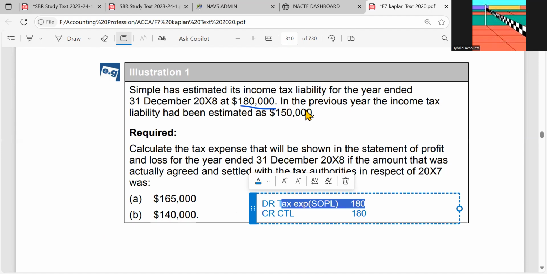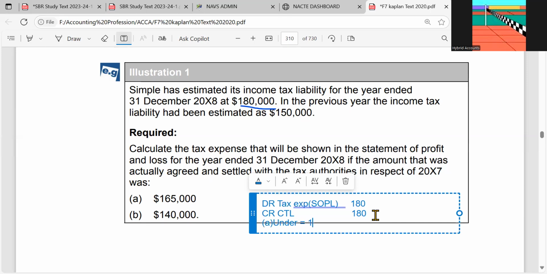So we underestimated, we under provided. We said that we should pay 150, but we ended up paying 165. So for part A, I had an under provision of 165 minus 150, which is 15.